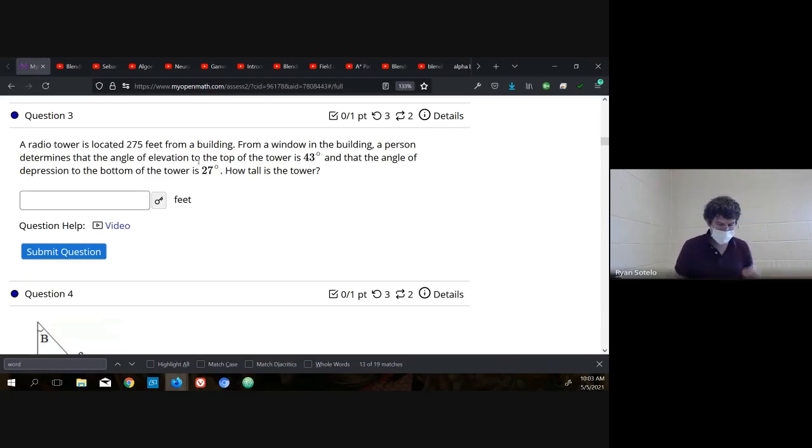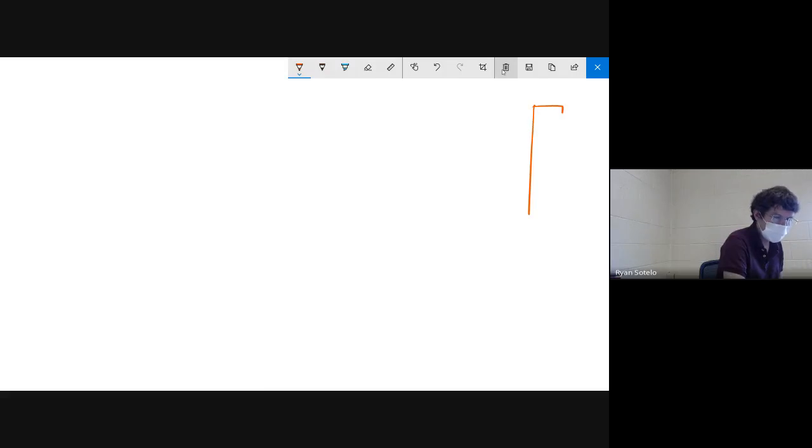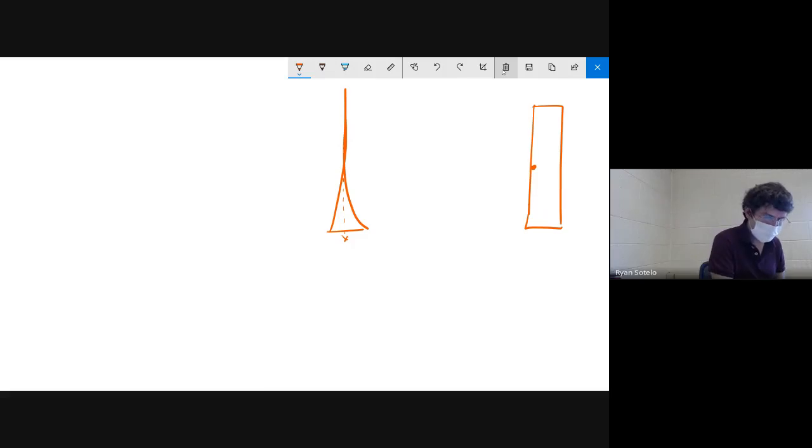Okay, so let me draw that for you. This one's kind of involved. So I've got a building with a window in it. I'll just do a small window. This is the guy's head in the window. And then there's a tower.